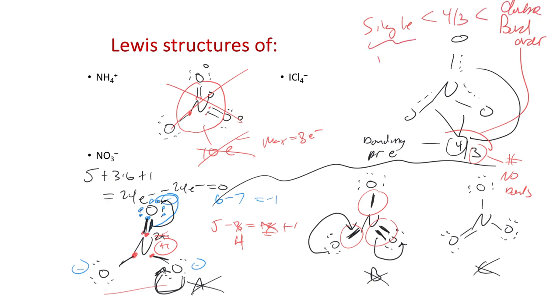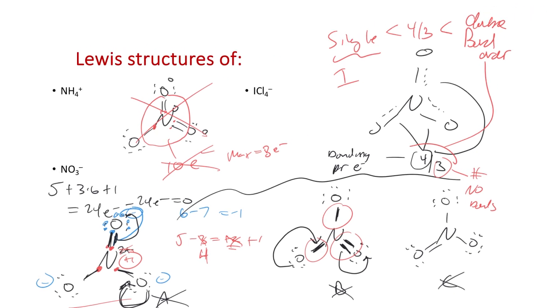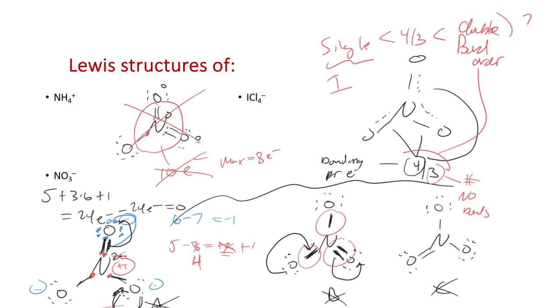So a single bond is bond order of 1. A double bond is bond order of 2. So a single bond, 1 pair of electrons across 1 bond. A double bond, that's 2 pairs of electrons across the 1 bond.